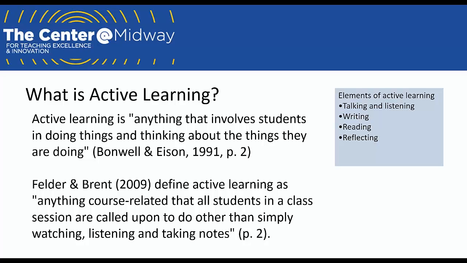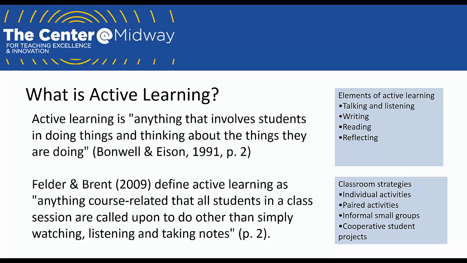What are the elements of active learning? Talking and actively listening, writing, reading, and reflecting on the topic that the professor is presenting. And what are some classroom strategies for active learning? Individual activities, and those might be things like 1-minute papers before class starts in order to create an anticipatory set for the class and get students thinking about their current knowledge on a topic.